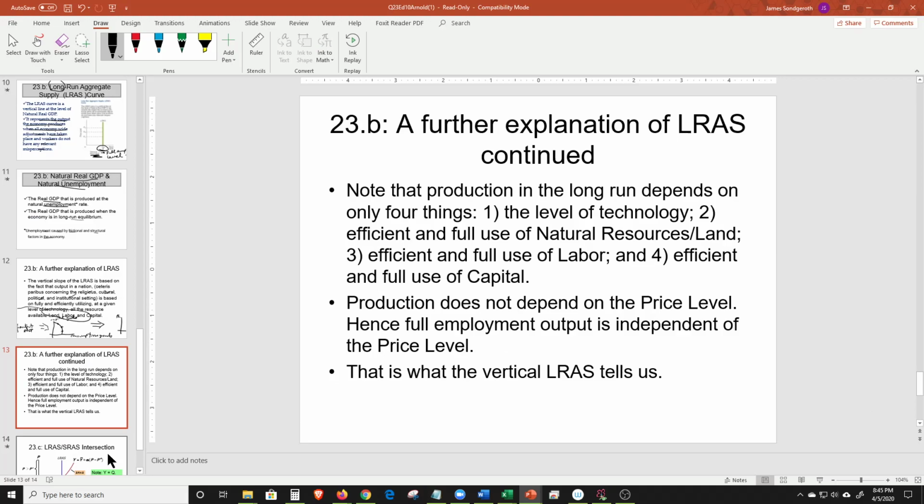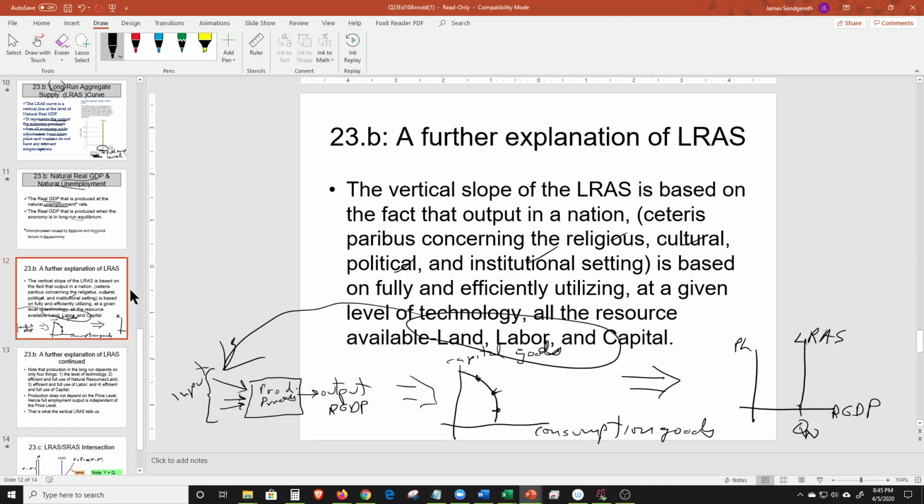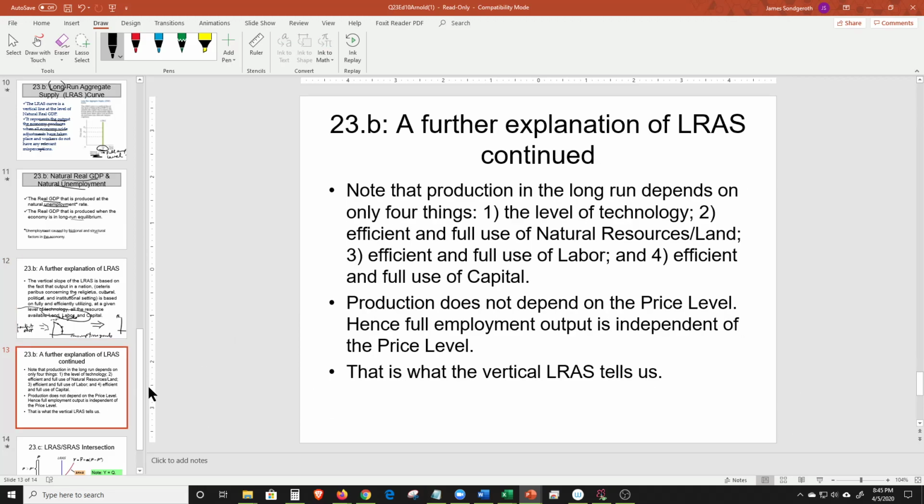So, now, note that production in the long run depends upon the level of technology. Oh, I didn't note that over here. I should have said at a given level of technology. At the efficient use of our natural resources, land, at efficient use of labor, at efficient use of capital. So everything is being produced just right.